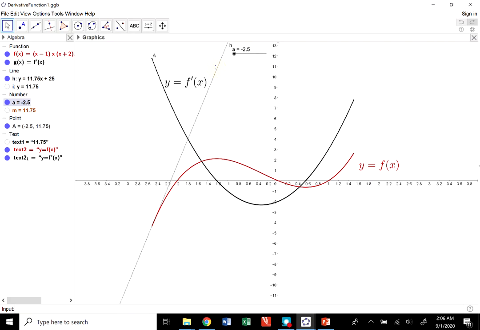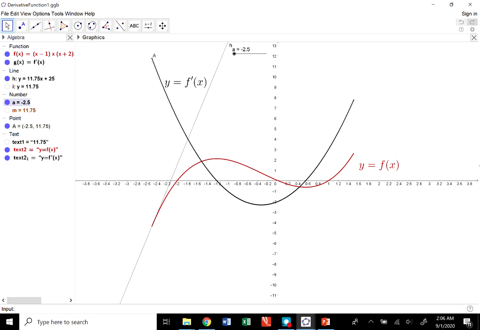Okay. Here, as we started at the leftmost point, is the tangent positive? Does it have a positive slope? Yeah, it does. Why is it a positive slope? If you look at the rise over run, the rise is positive for a positive run, right?